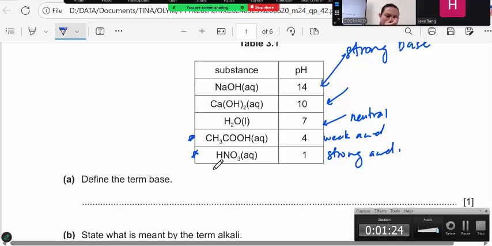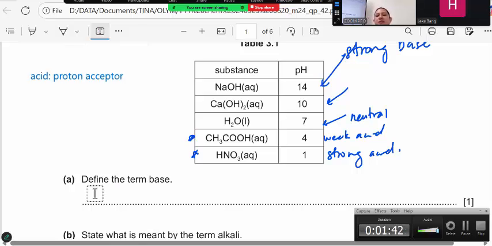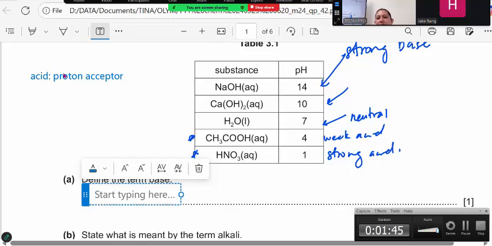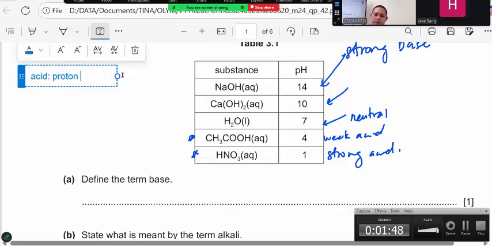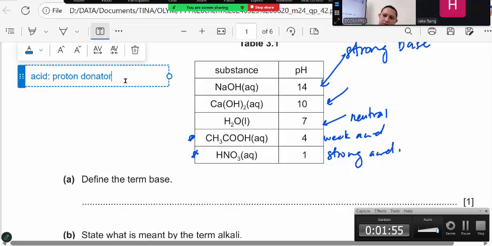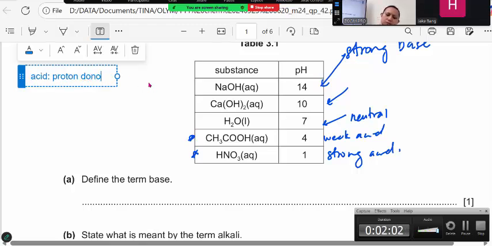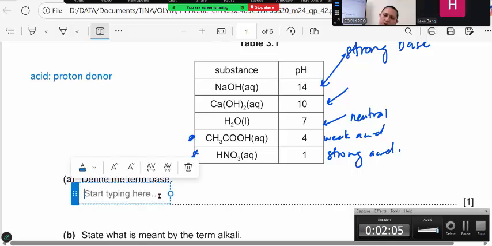If they ask you to define the term acid, acid is a proton donor, and base is a proton acceptor.